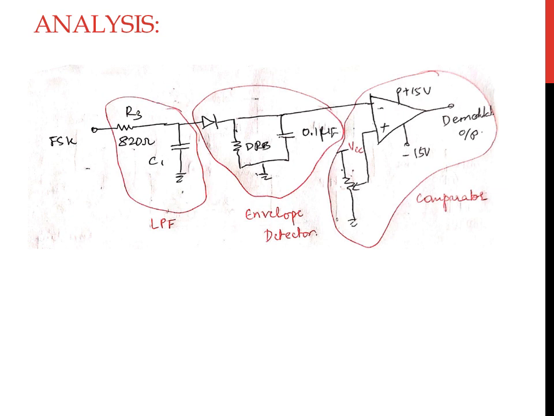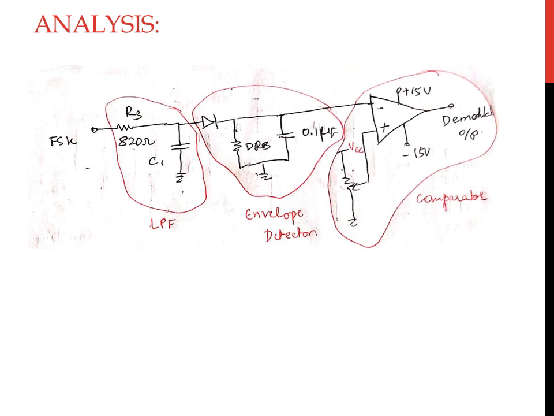So the FSK signal, which consists of both 20 kilohertz and 2 kilohertz, will be passed through the low pass filter, which is designed for a particular cutoff frequency, and then pass through the envelope detector and the comparator.